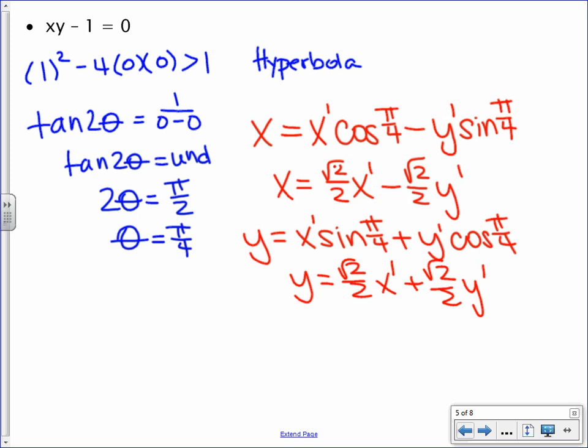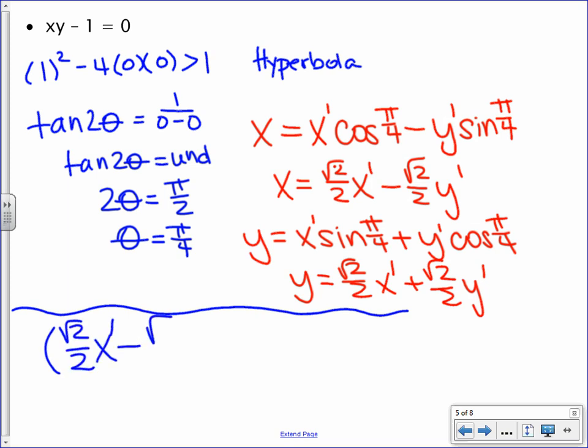When we make our substitutions, we only have x times y minus 1 equals 0. Is there a lot going on? No, there's not a lot going on, so do not panic.